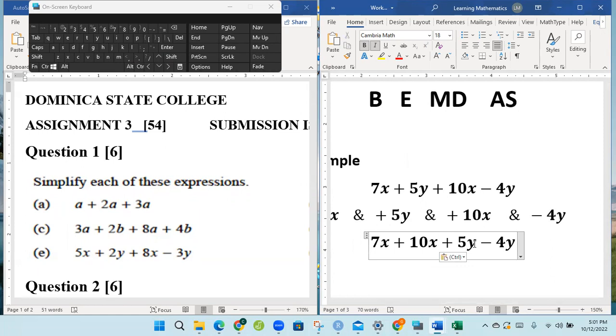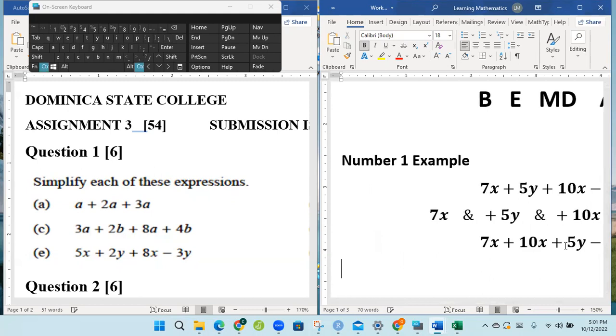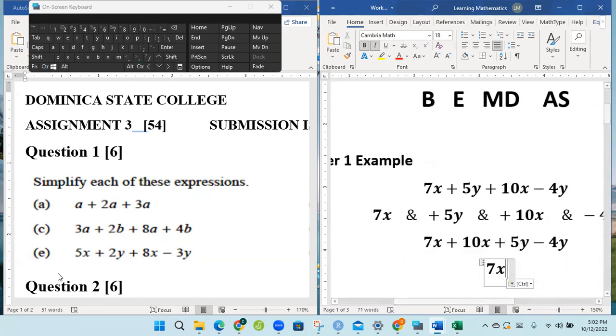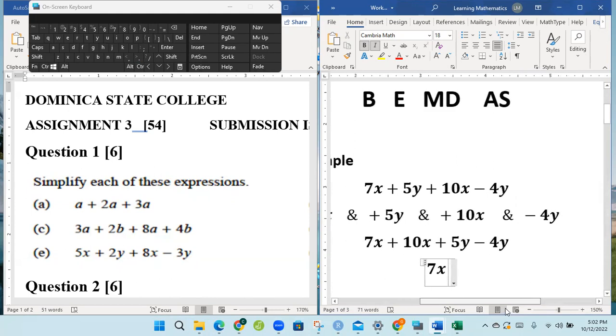So we have grouped up like terms. So we have 7x plus 10x will give us 17x. So as I'm doing that, please do that one time with part A, part B, part C. So we have 17x.